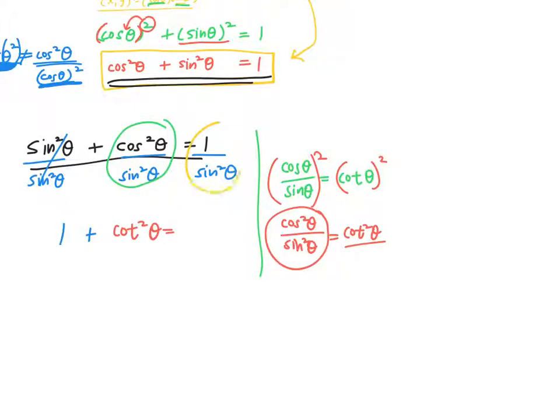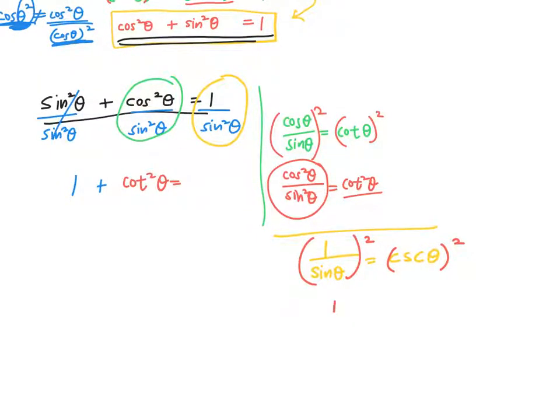Now let's take a look at 1 over sine squared theta. By the reciprocal identity, 1 over sine theta is equivalent to cosecant theta. If I square both sides, on the left-hand side I get 1 over sine squared theta, and on the right-hand side I get cosecant squared theta.